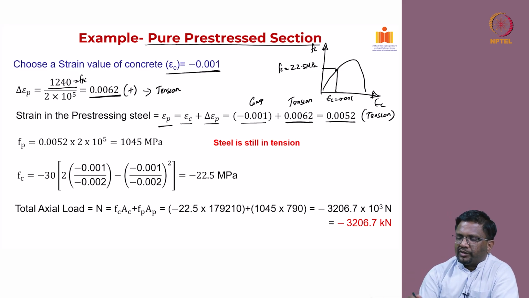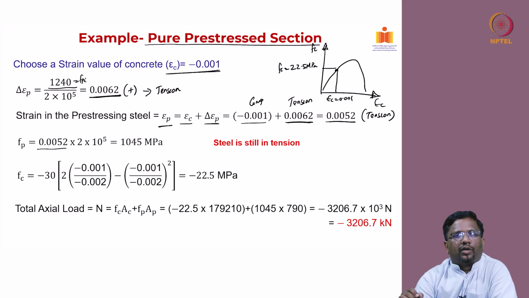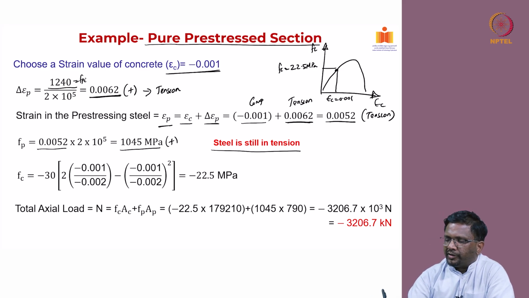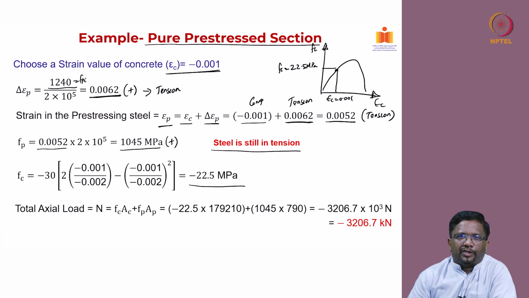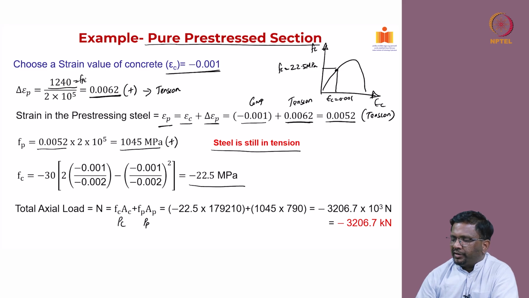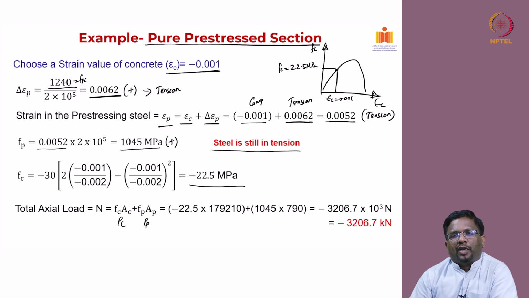So, the stress is now 0.00502 multiplied by 2 into 10 to the power 5, which gives 1045 megapascal. The steel is still in tension, this is plus, and the stress in the concrete we already did, which is 22.5 megapascal. Now, using the equilibrium condition, this is PC, this is PP. PC is negative 22.5 times the area of the concrete, which is 179,210.